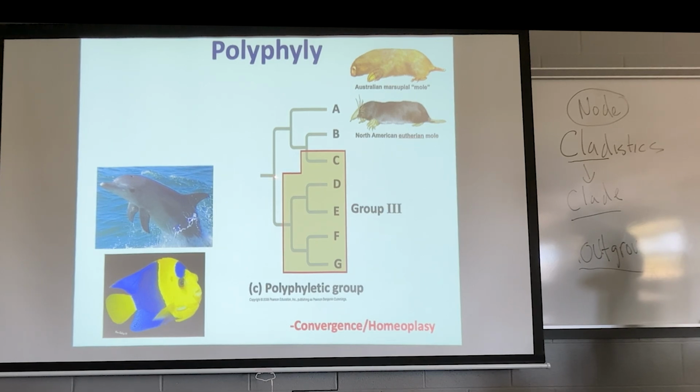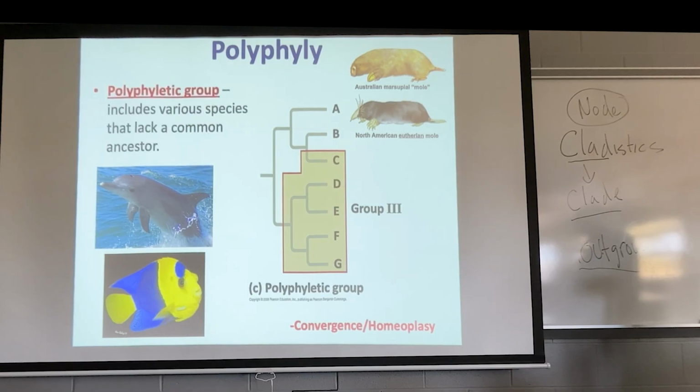Now, if you go far enough back, yeah, sure. If I go far enough back, I'm sharing this common ancestor, but notice then I would be forgetting A and B, wouldn't I? So including C in my discussion, saying they're related to D, E, F, and G is polyphyletic, all right? So polyphyletic means you include species that don't share a common ancestor. Poly means more than one ancestor.